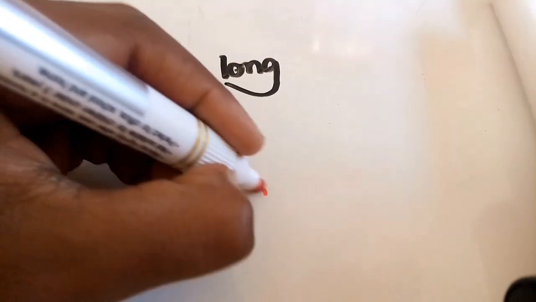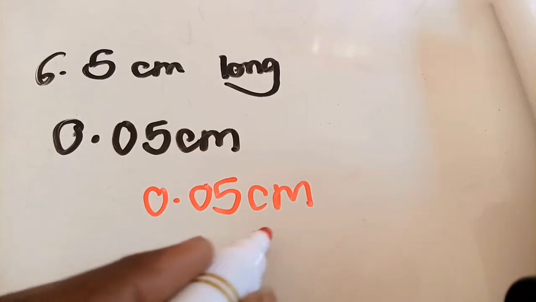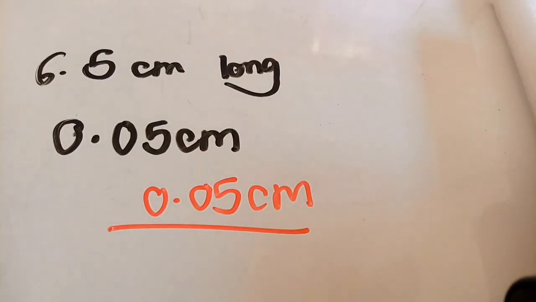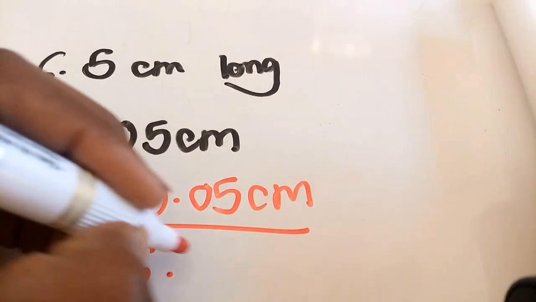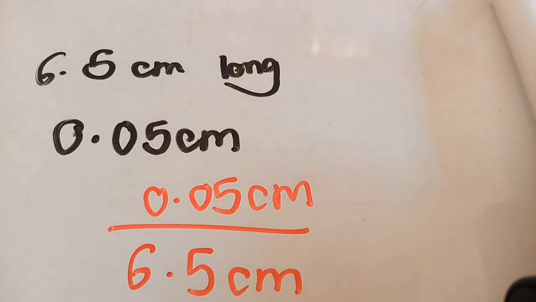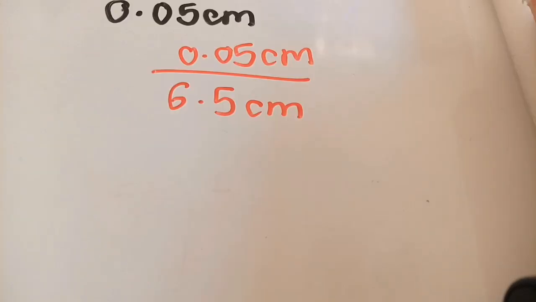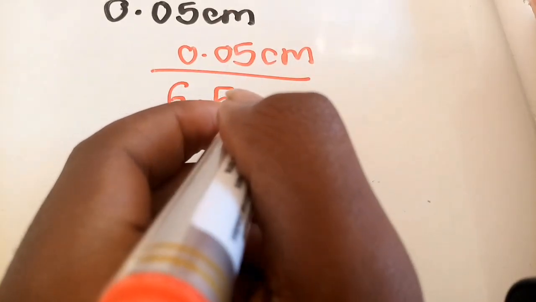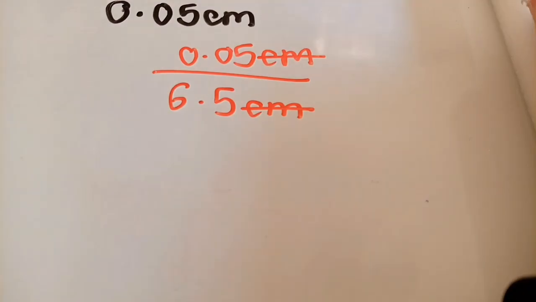To find the relative error, this would be simply 0.05 centimeters over the true measurement. So the true measurement will be 6.5 centimeters. We just divide the absolute error by the true measurement. Centimeter and centimeter would cancel.